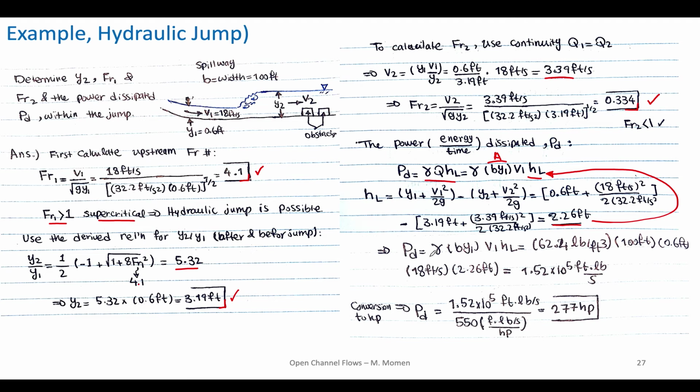So P_D equals gamma times B times Y1 times V1 times H_L.